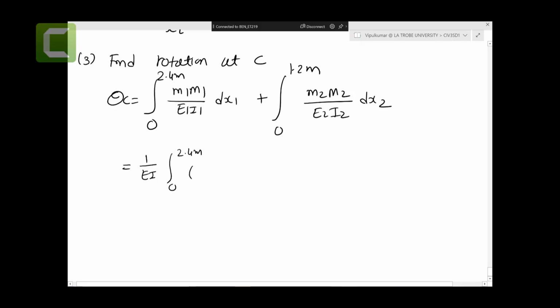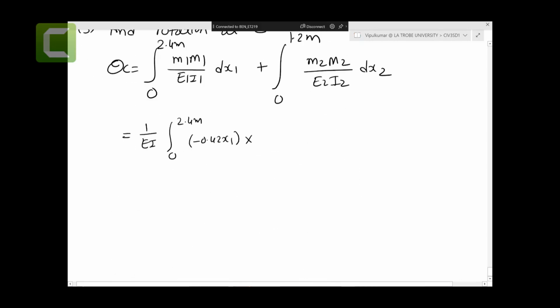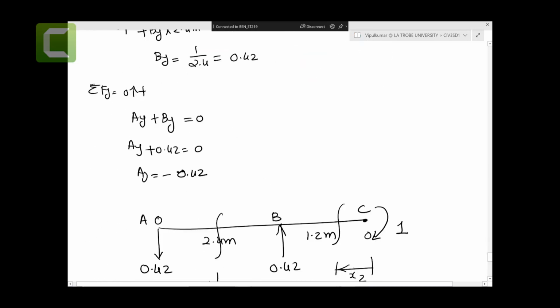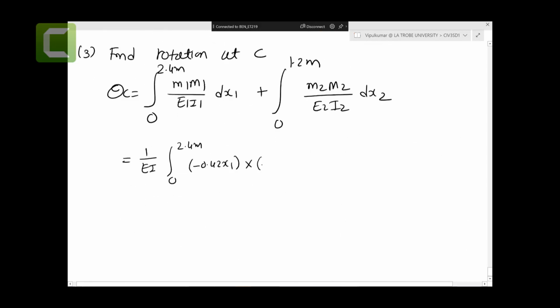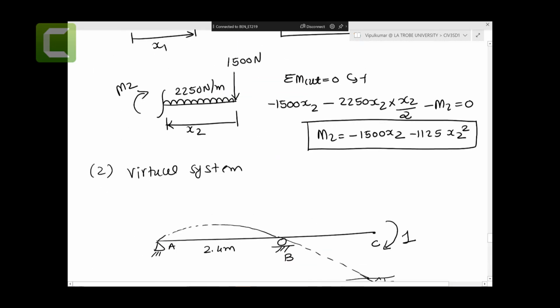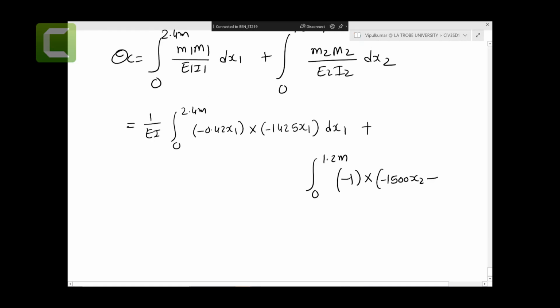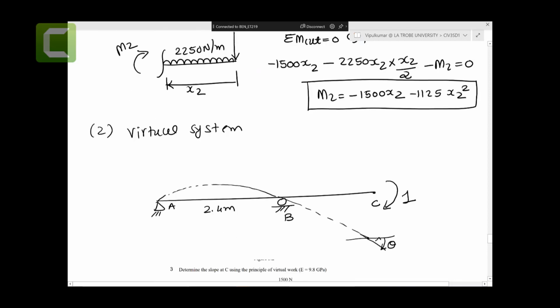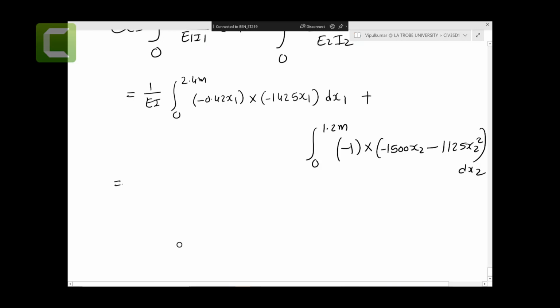From 0 to 2.4 meters, small m1 we found is minus 0.42 x1, and capital M1 we found is minus 1425 x1, with dx1, plus from 0 to 1.2 meters, small m2 is minus 1, and capital M2 is minus 1500 x2 minus 1125 x2 squared, dx2.